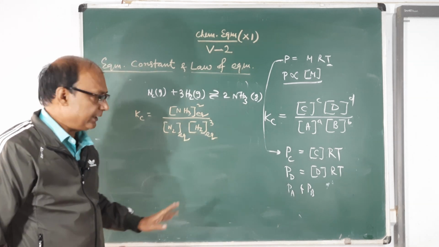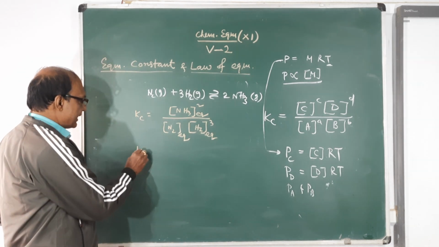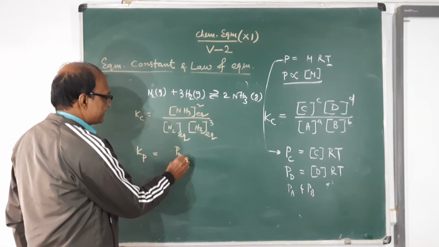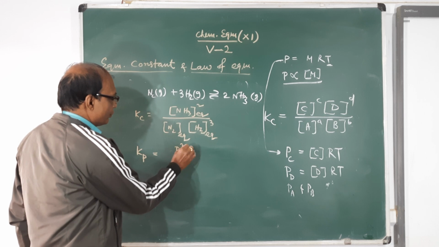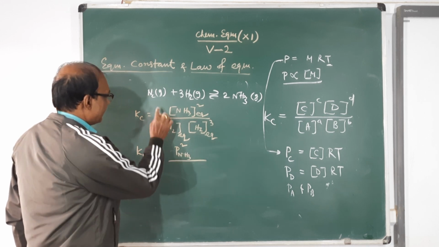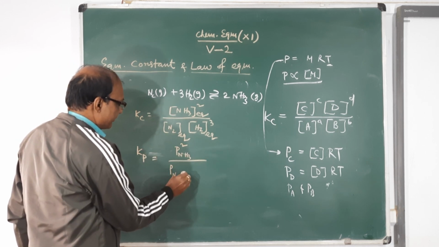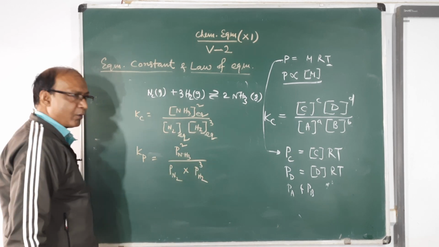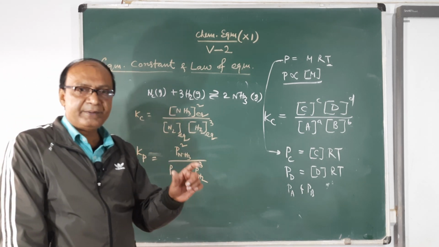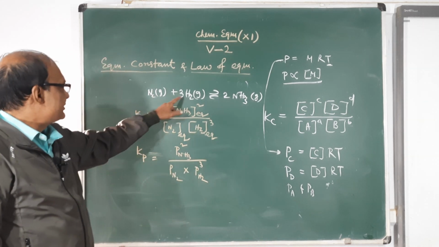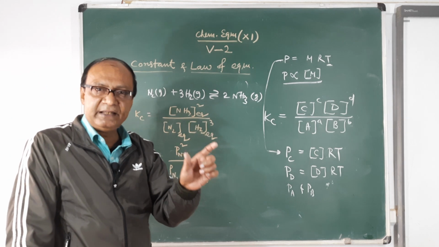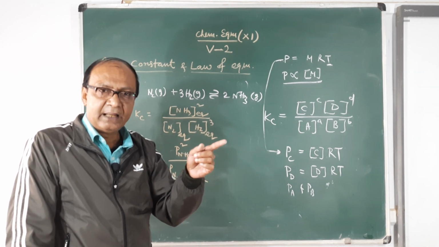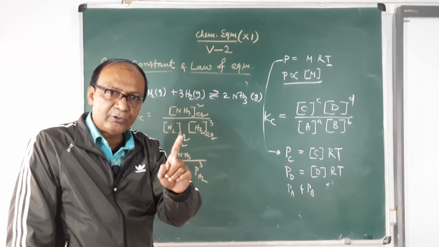Remember it. Similarly, if you are writing the expression of Kp for this one, it is equal to partial pressure of ammonia to the power 2 by partial pressure of nitrogen into partial pressure of hydrogen to the power 3. You have taken some initial mixture of nitrogen and hydrogen, which will have an initial pressure. The reaction proceeds, and after some time it will attain equilibrium.